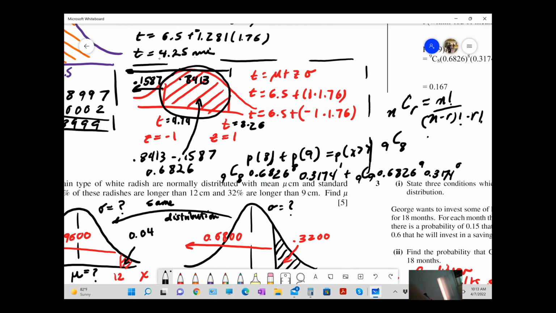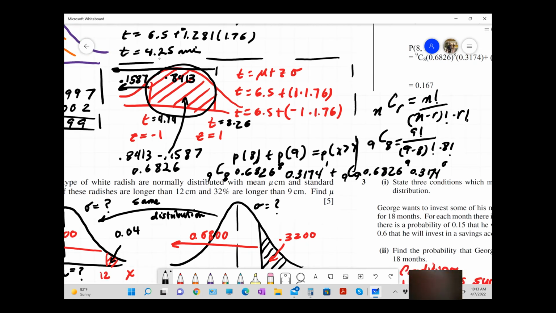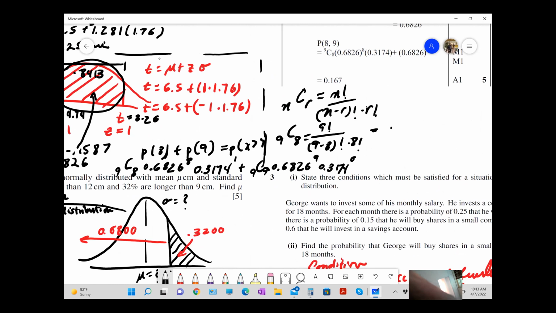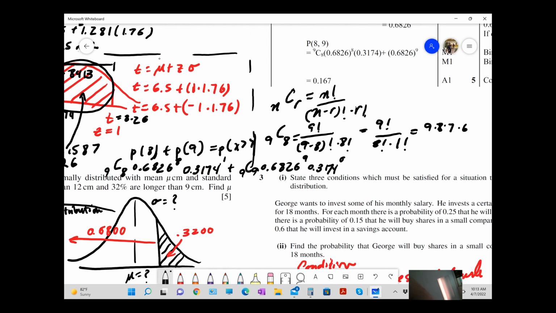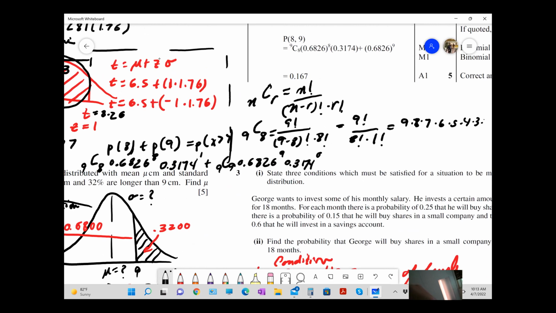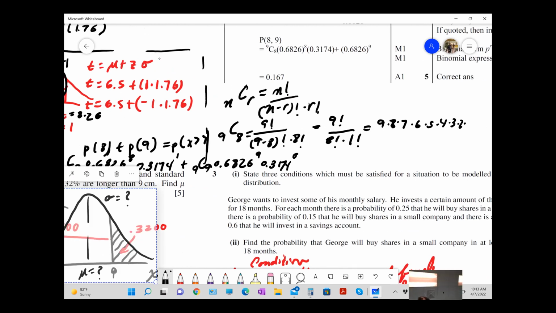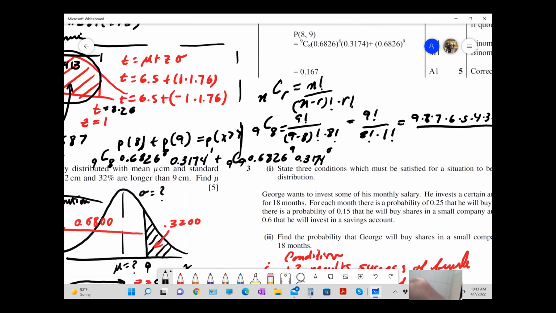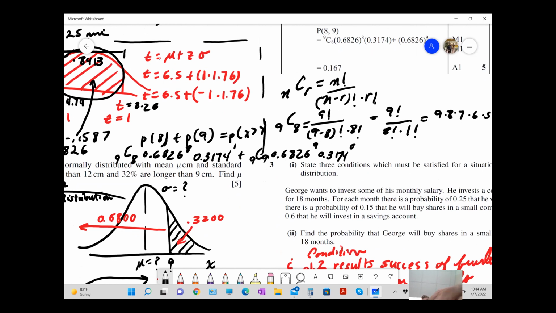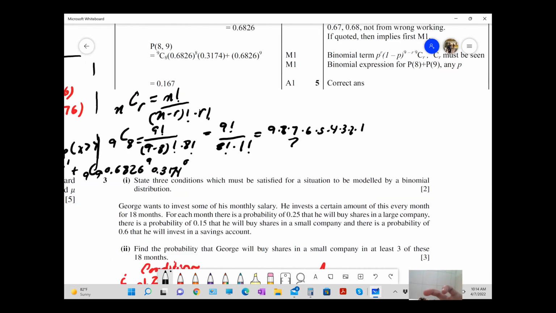So 9C8 is 9 factorial divided by 9 minus 8 factorial times 8 factorial, which in turn is 9 factorial divided by 8 factorial times 1 factorial, which is 9 times 8 times 7 times 6 times 5 times 4 times 3 times 2 times 1, divided by 8 times 7 times 6 times 5 times 4 times 3 times 2 times 1 times 1. So all these cancel and you're left with 9.